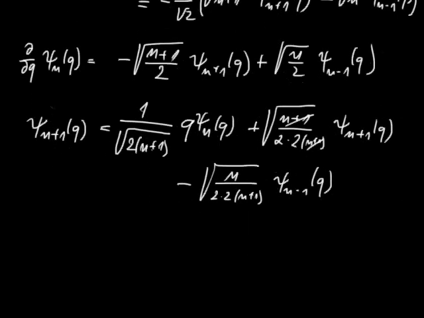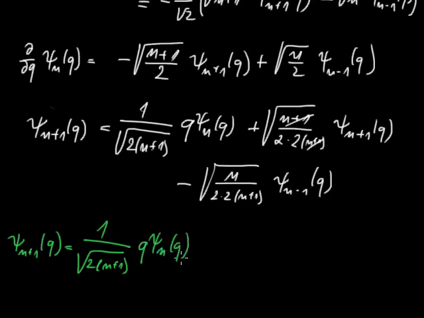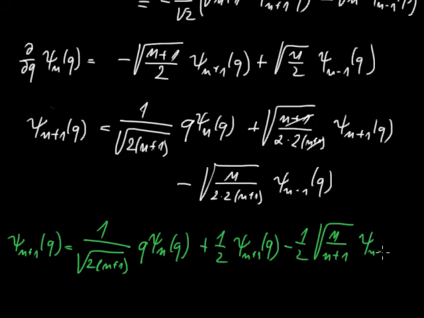and we'll be getting to a preliminary result which says psi n plus 1 of q is equal to 1 over square root of 2(n plus 1), q psi n of q, plus 1/2 of psi n plus 1 of q, that's from here, minus 1/2 square root of n divided by n plus 1, psi n minus 1 of q.